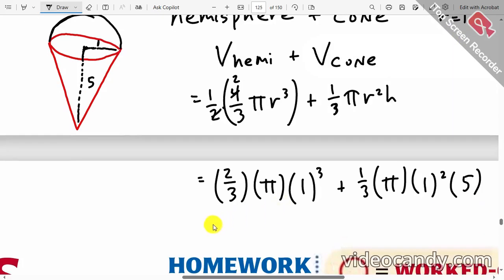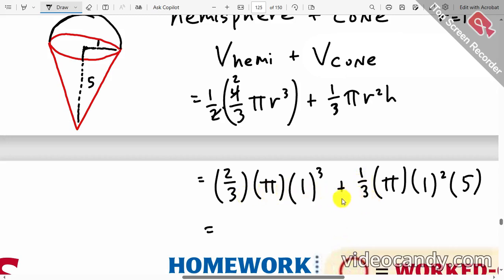All right. You can do this in 2 steps or 1 step. I'm going to do it in 1 step. If you don't know how to do fractions, do 2 divided by 3, hit equals, and then times pi times 1 to the 3rd. All right. Hit equals. I get 2.09. And then do plus, nope, scratch that.